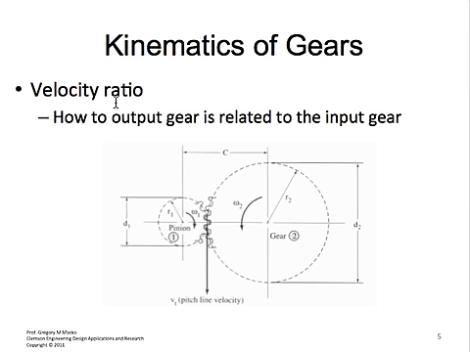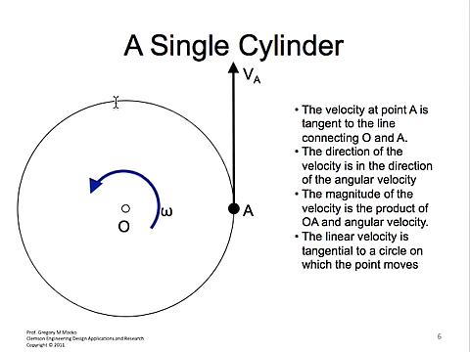Velocity ratio is how we define gears and gear trains, and I will go through the derivation of velocity ratio, ultimately leading to the fundamental law of gears. So if we look at a circle and we take a point along the circumference of that circle, and we connect the center point O around which that circle rotates to this point A, the velocity of that point A is going to be tangential to the line connecting OA.